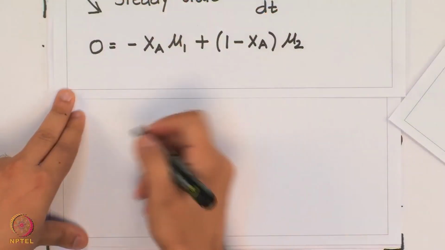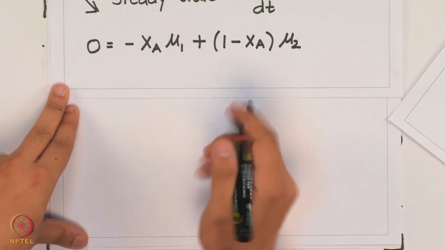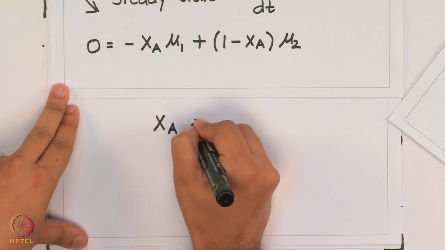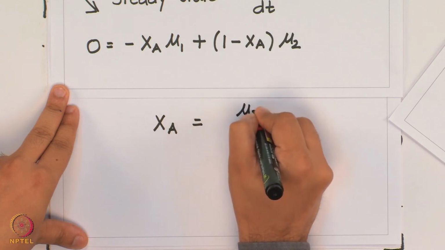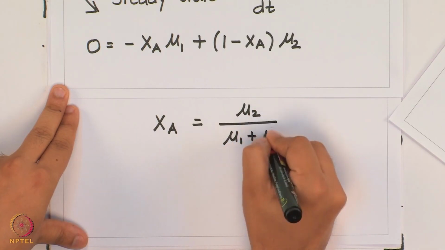To solve this in terms of xa, I am working with this equation now. That gives me the relationship that xa at steady state is just equal to mu 2 divided by mu 1 plus mu 2.